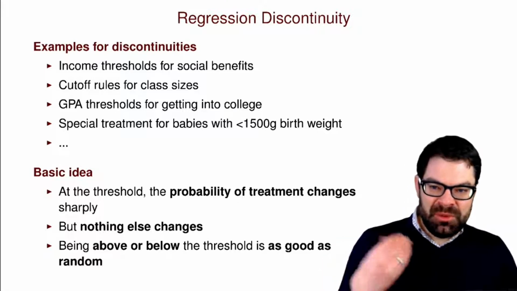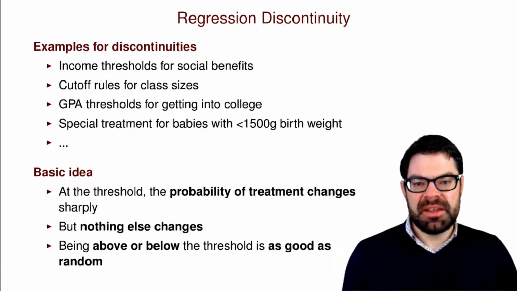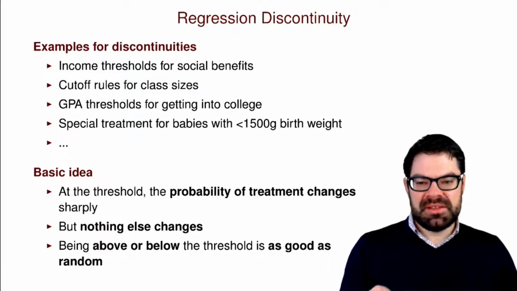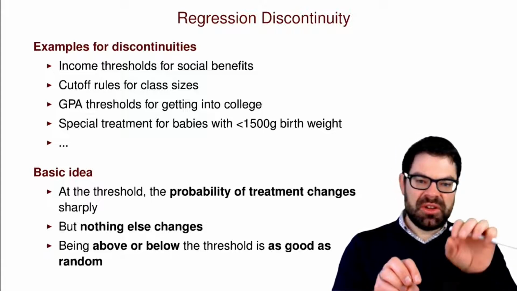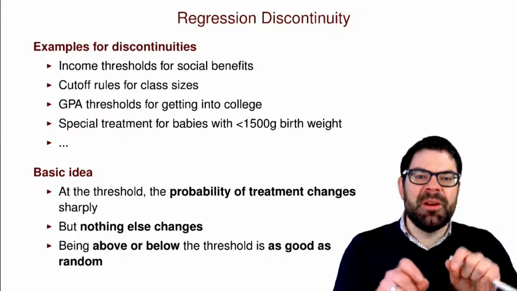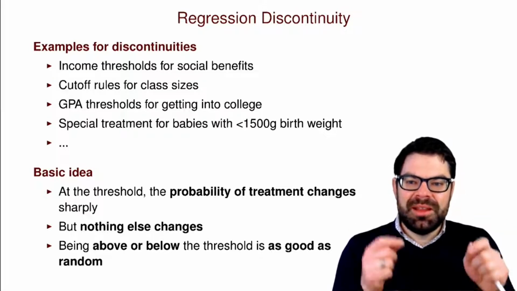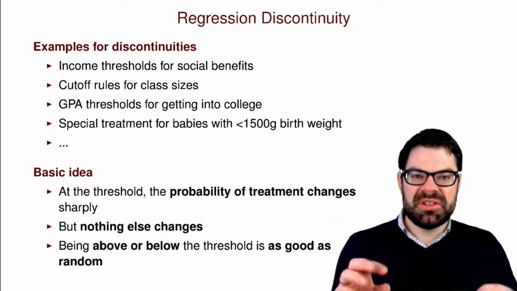Why can we use these thresholds for estimating causal effects? Well, we can do this under the assumption that for the units that are just above and just below the threshold, that assignment of being just above and below is as good as random. So those units are pretty much the same.